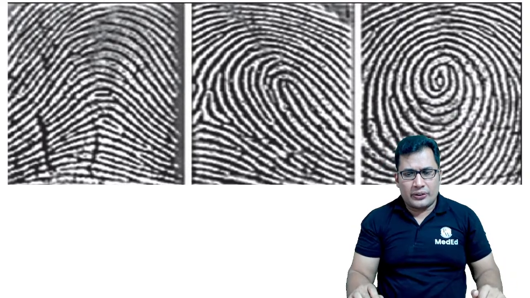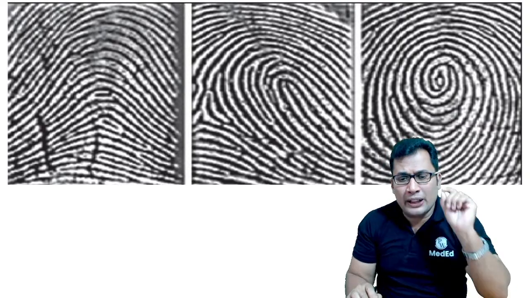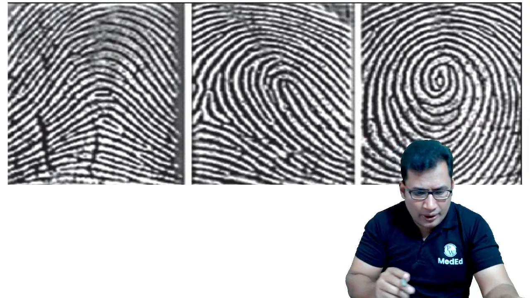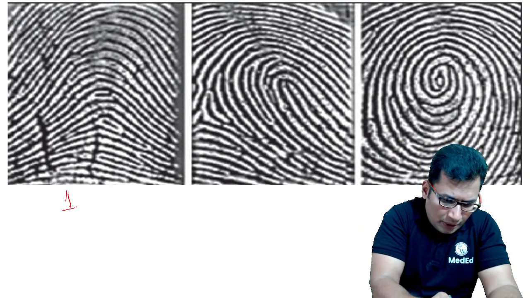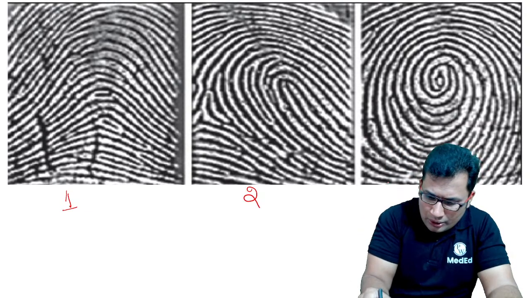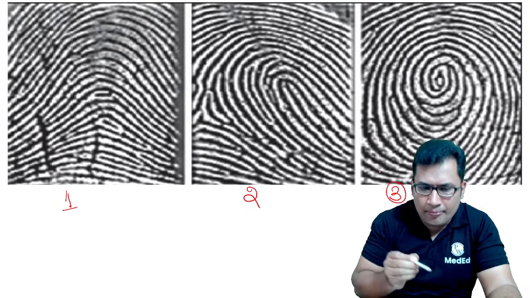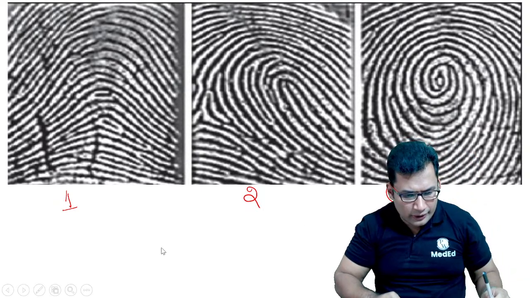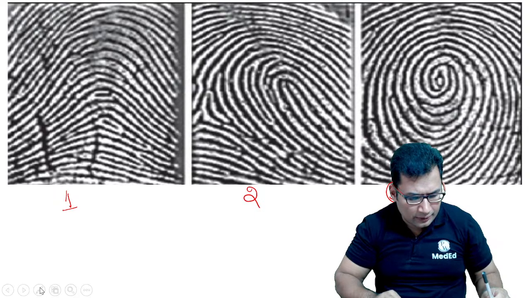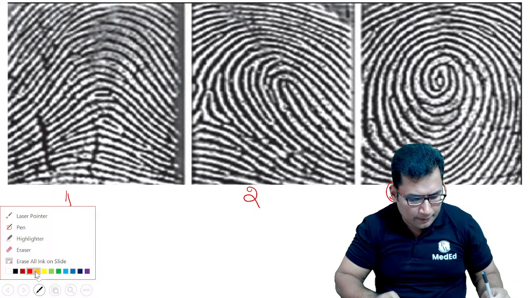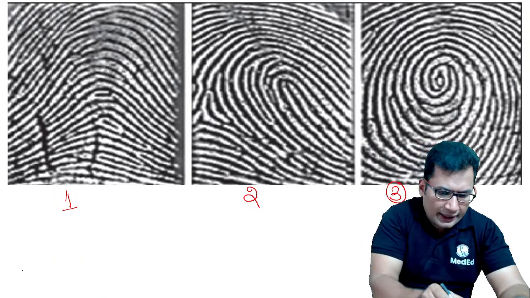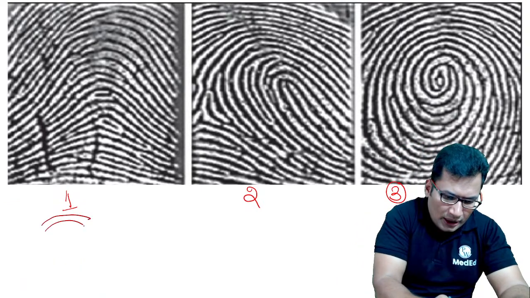Look at this. There are three major types of fingerprint. This is 1, 2 and 3. The first one looks like this.